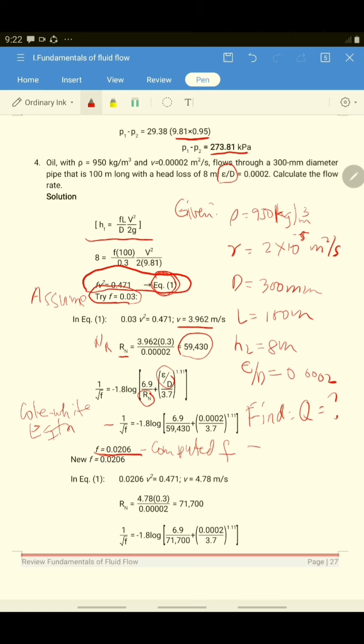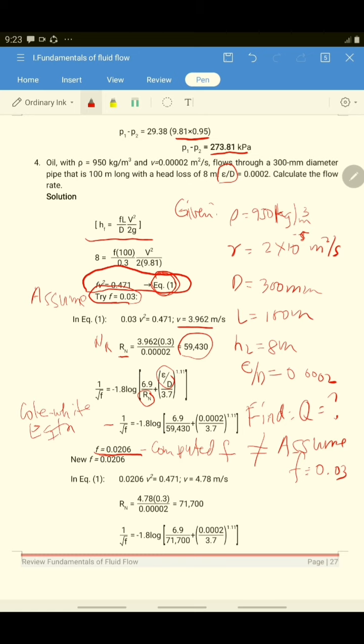This is not equal to the assumed F, which is 0.03.